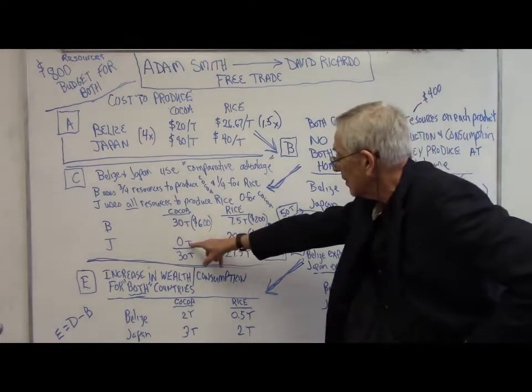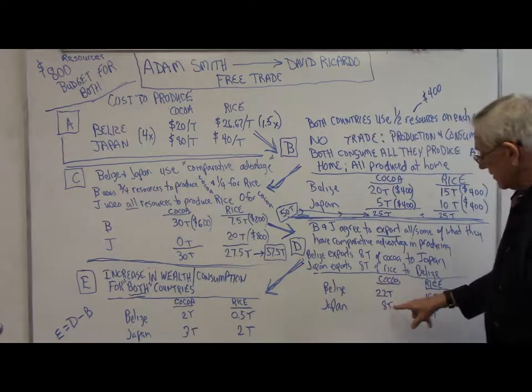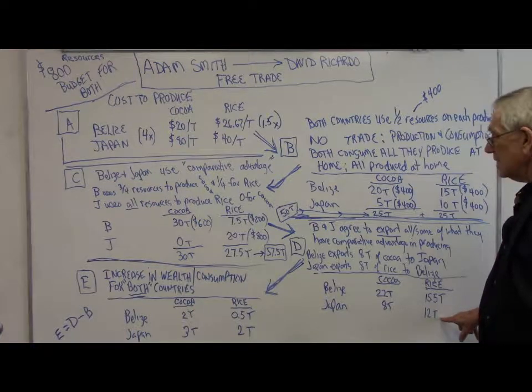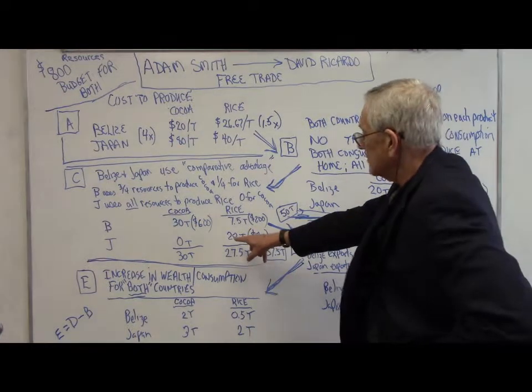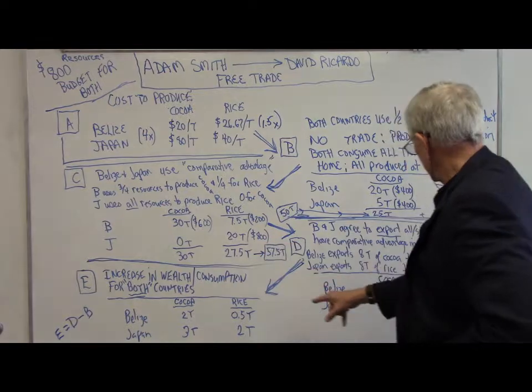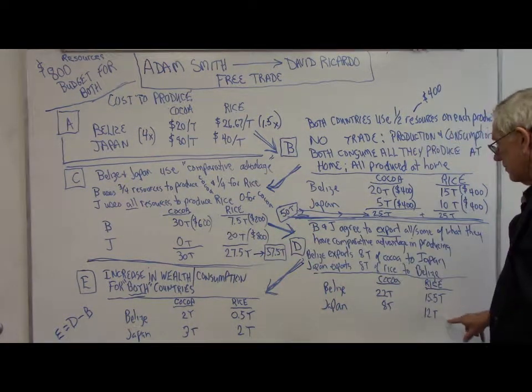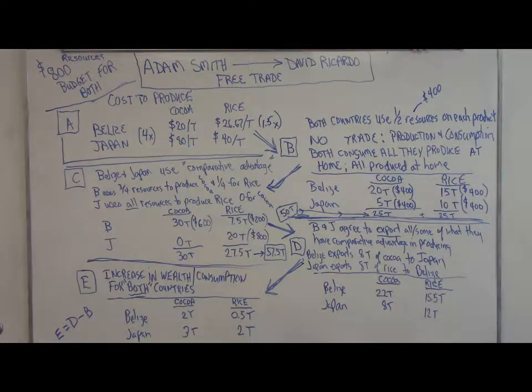Of course, 0 cocoa for Japan, and Japan is now getting 8, so that's where that 8 comes from. And it's going to get 20, and Japan is going to export 8 tons of rice. 20 minus 8 is 12. So this is what they end up with right here.